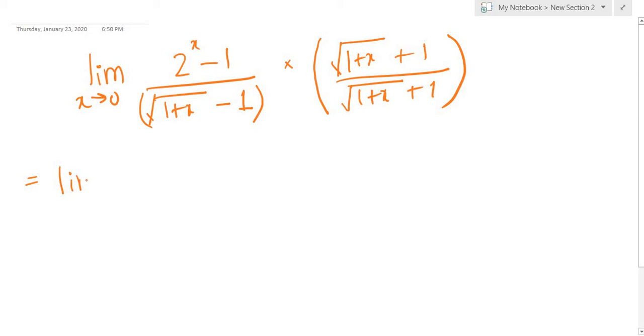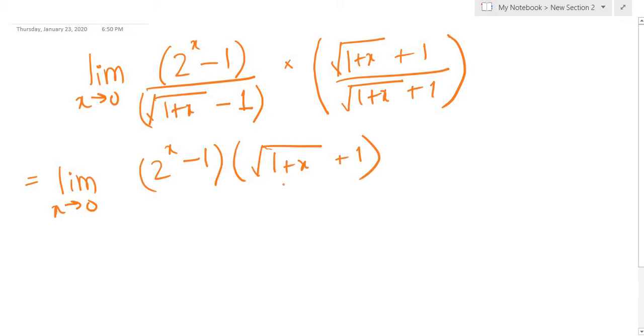So this becomes the limit as x tends to 0 of (2 raised to x minus 1) multiplied by (square root of 1 plus x plus 1), all over (1 plus x minus 1).